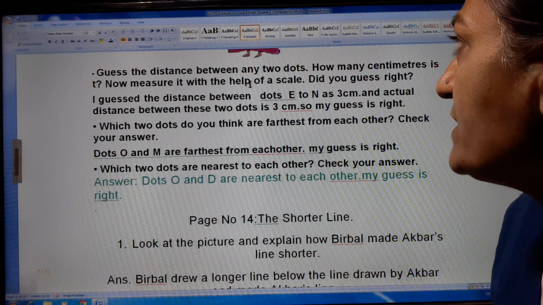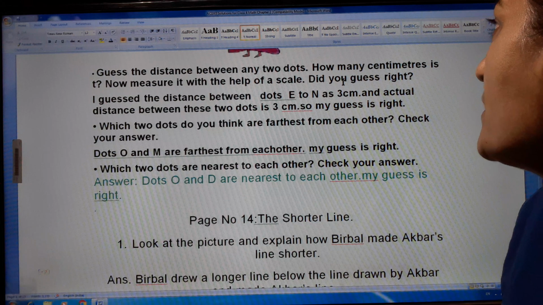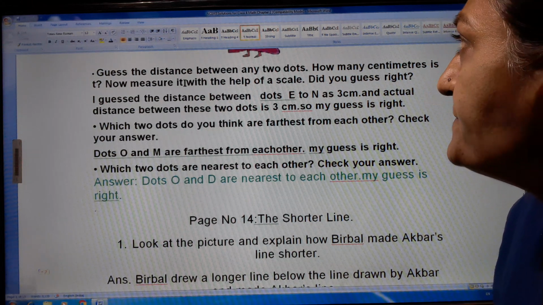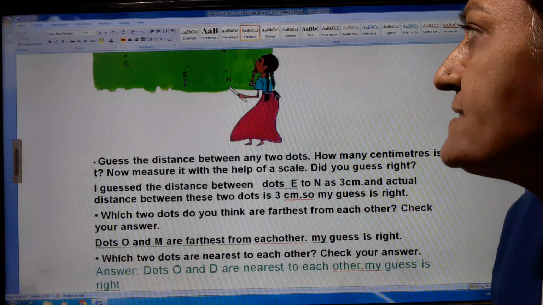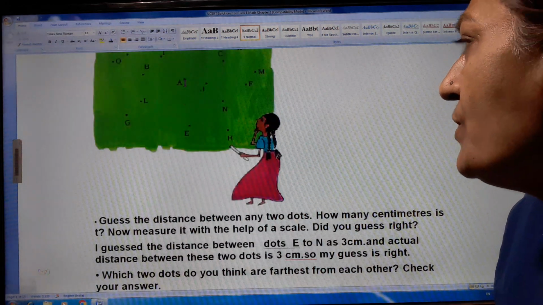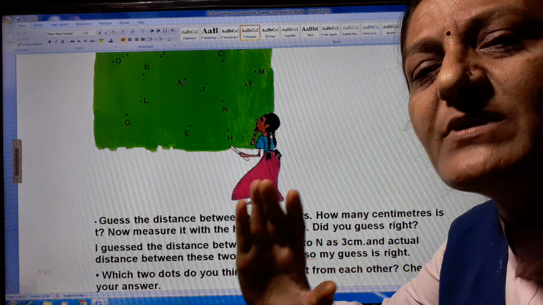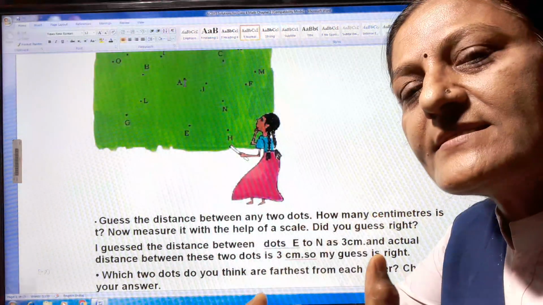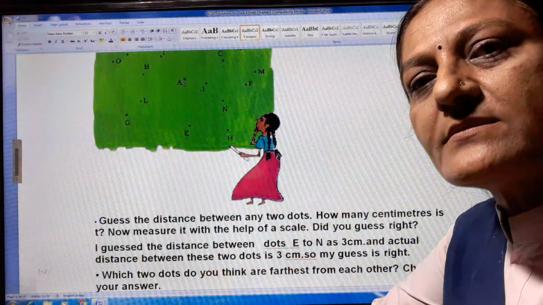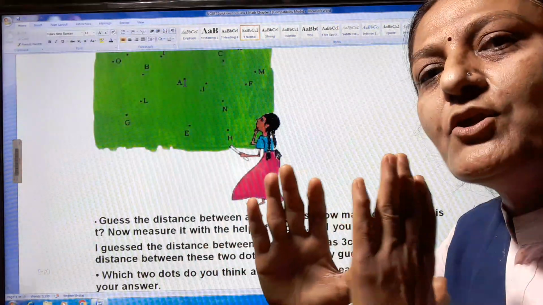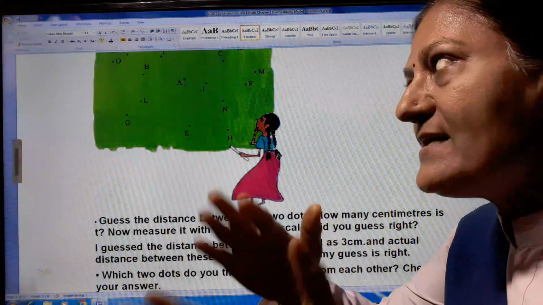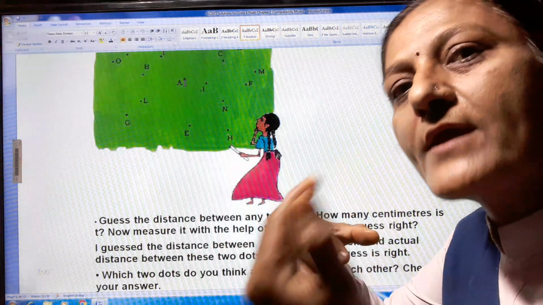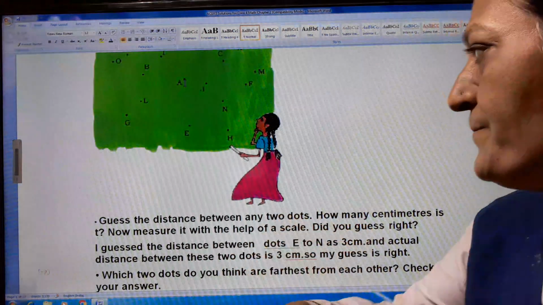Now measure it with the help of a scale. Did you guess right? Here some dots are given and we have to guess the distance between any two dots, and afterward take the scale and measure, and check whether your guessed answer and the real answer are the same or not, which means your guess is correct or not.